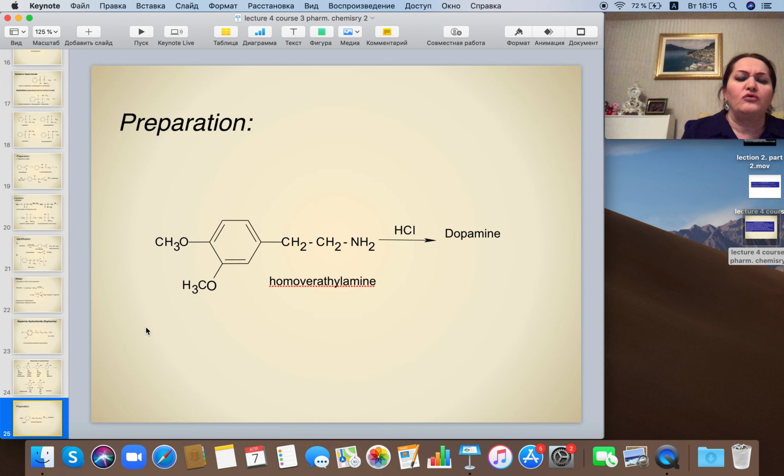When we speak about dopamine, you can see that dopamine is synthesized from homoveratrylamine, and in difference from dopamine it has two methoxy groups in the structure, and when we take off the two methyl radicals in the structure, dopamine forms.